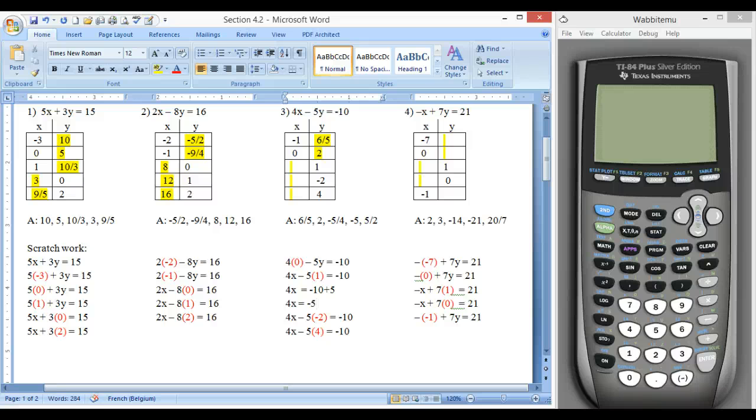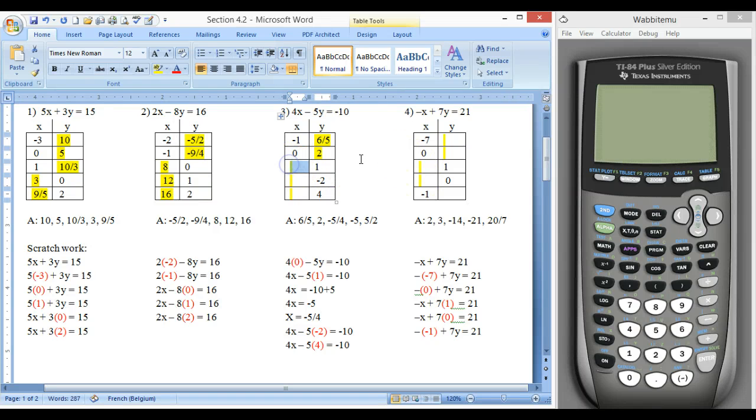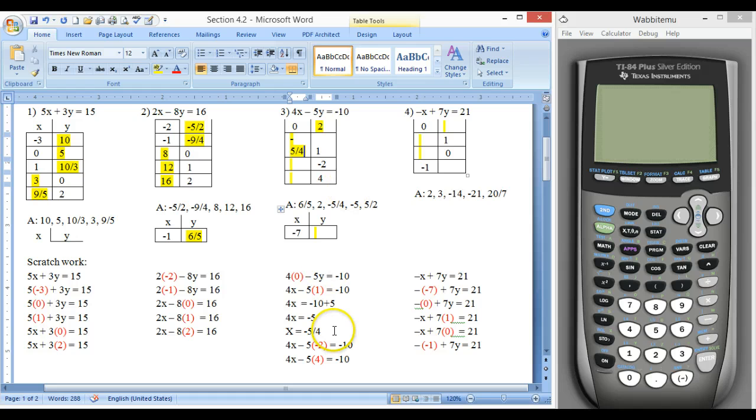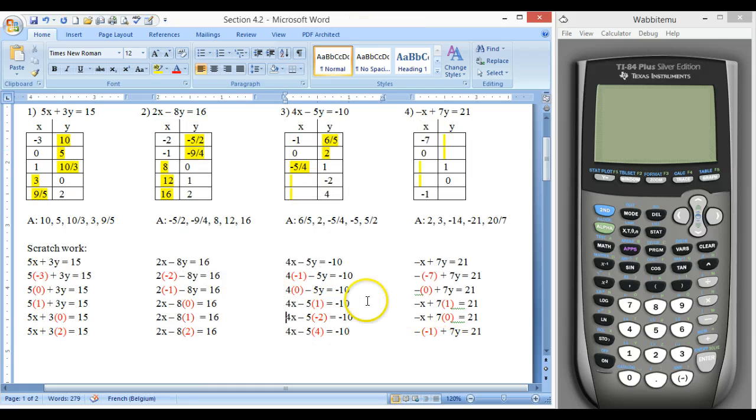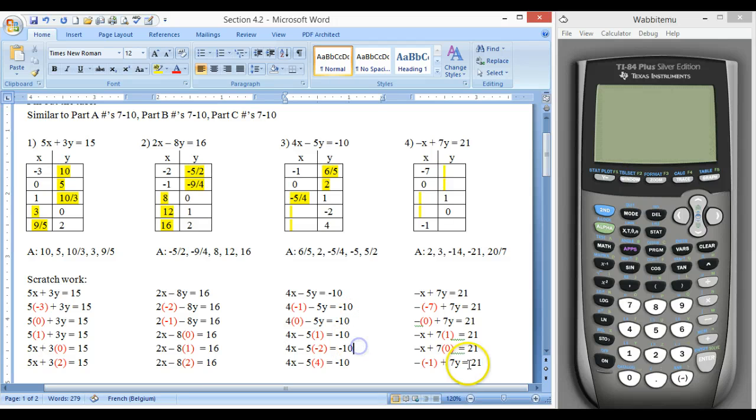And divide both sides by 4. Isolates the x, and negative 5 divided by 4 is negative 5/4. And we need to make that just a little bigger, and get rid of this.